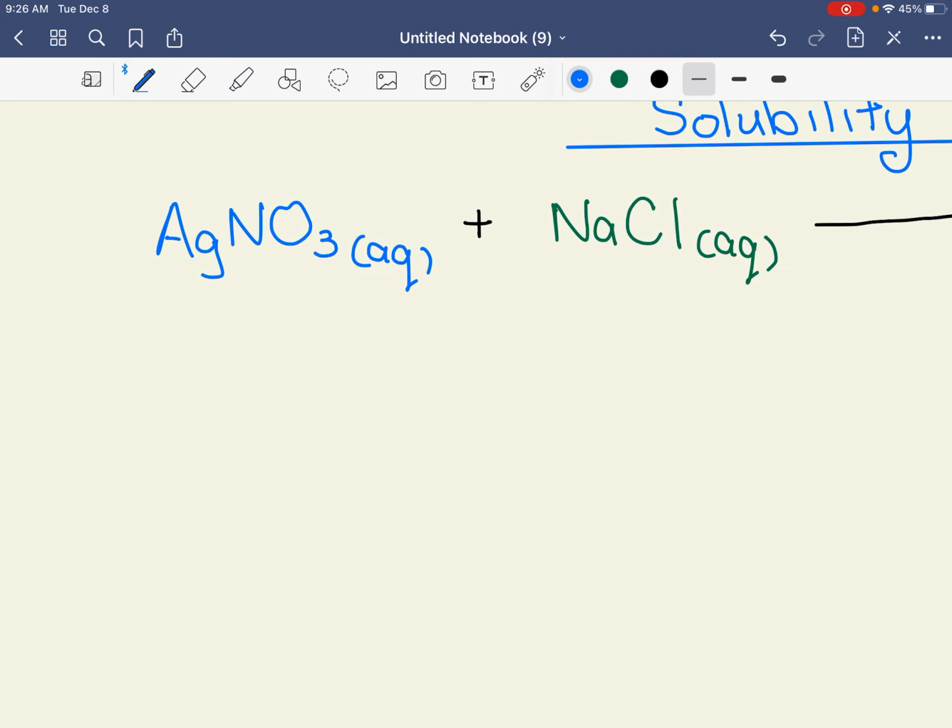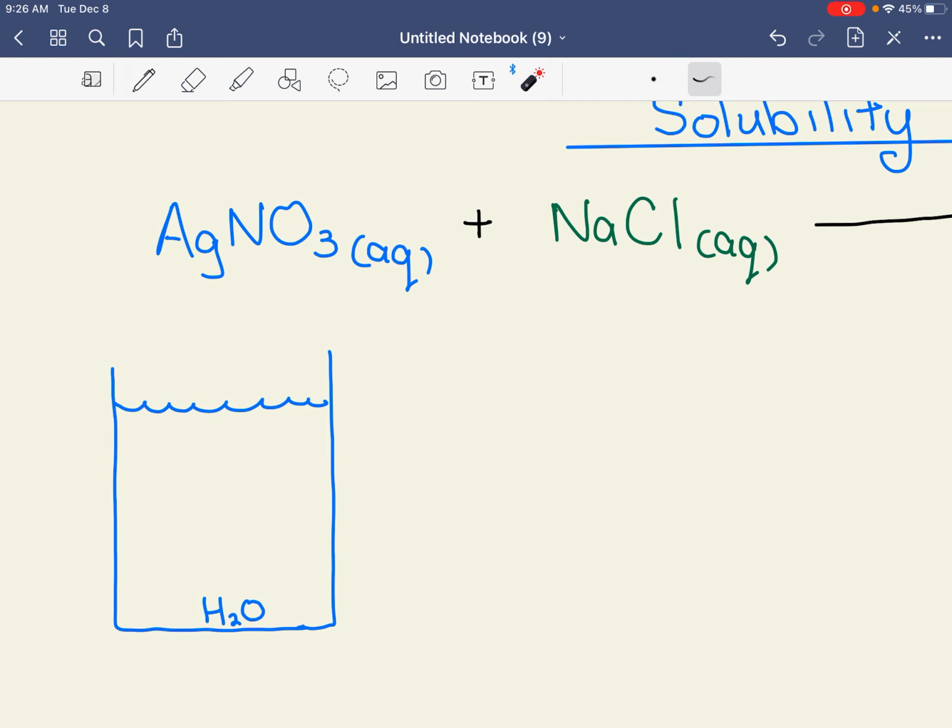Let's take a look at silver nitrate. To prepare a silver nitrate solution, obviously you need water. Because water, in this case, will separate the silver and the nitrate into their ions.